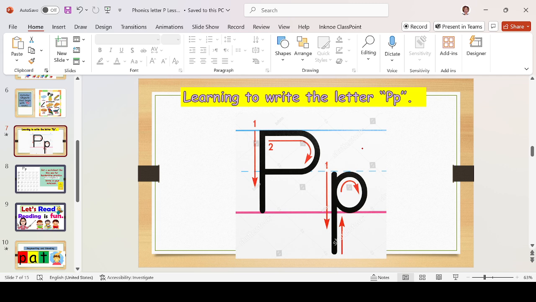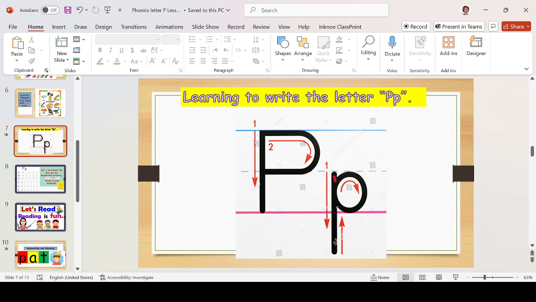So when you are writing the letter P, you start with step 1, you go down like this, and then you go back to the top and you make like a circle. That's your uppercase P. And you practice the lowercase one. You write your one. Now you start on the middle, okay?